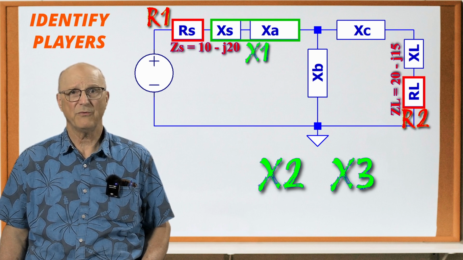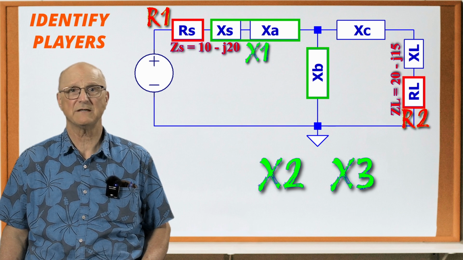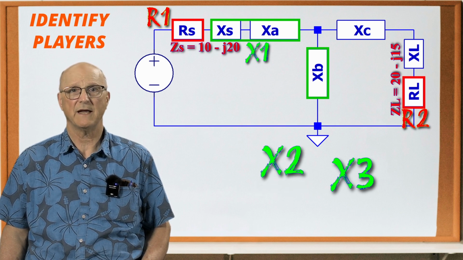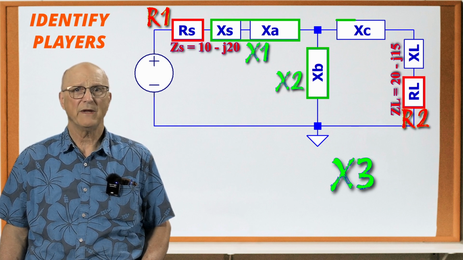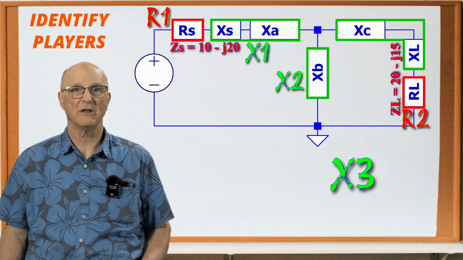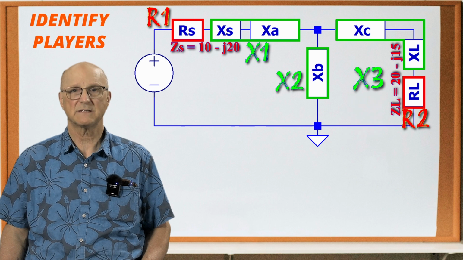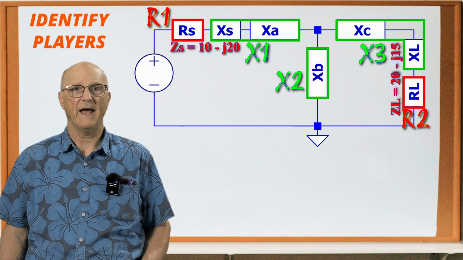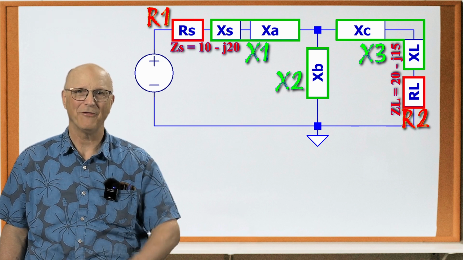X2 is simply the reactance of the single parallel component which exists in the center between XA and XC. X3 is the reactance of the series combination of the reactive portion of the load impedance and the output series component XC. Now that we know what we're going to be doing and with what, let's do the math.